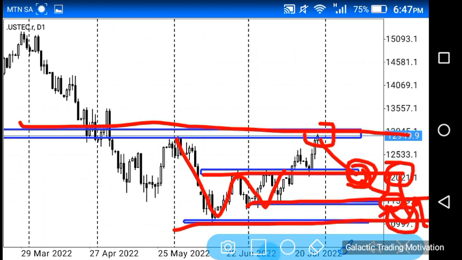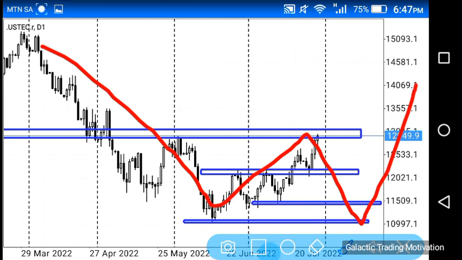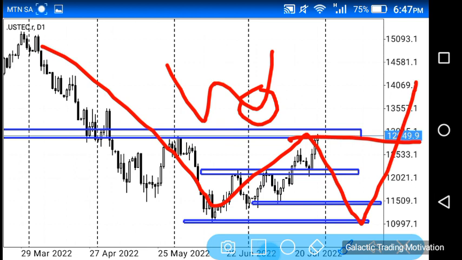And then from here I would start looking for possible buying opportunities, because as I said, the anticipation is that price would form a W structure, right? And as I said, guys, when it comes to W structures, what normally happens is a lot of traders and investors buy on that second leg of the W structure.